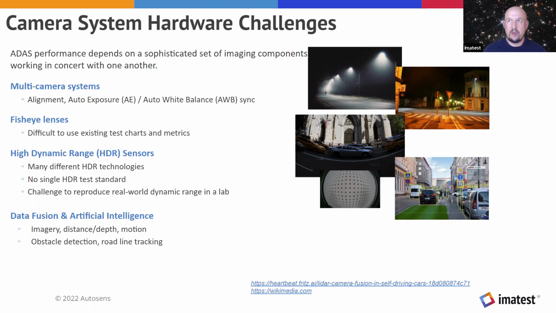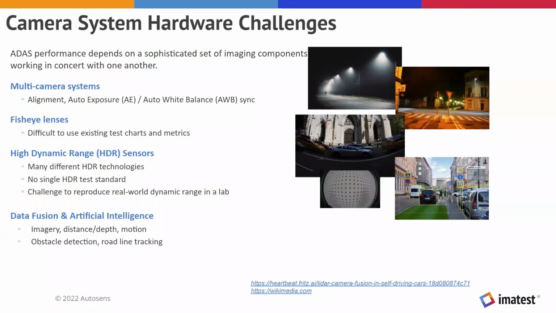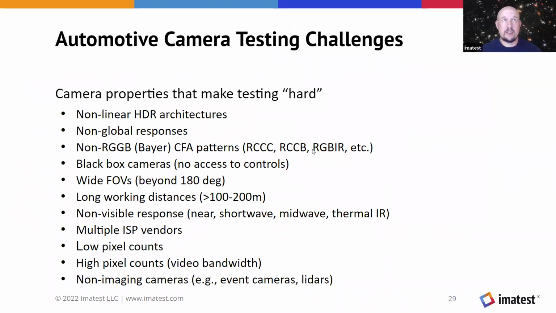So the question is, how well does the objective camera quality correlate with the performance of that artificial intelligence? There is also the subjective data the camera produces, which should match what our eyes see, combined with today's AI systems.